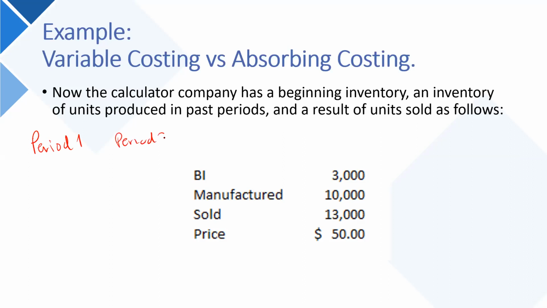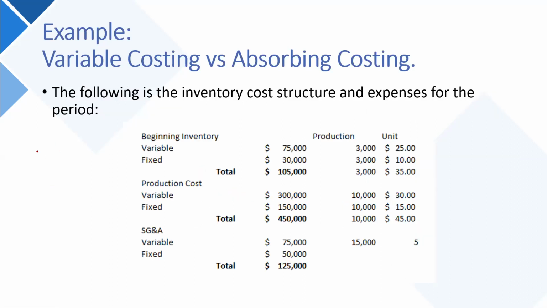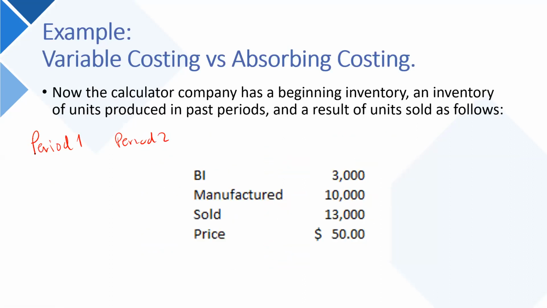In period 1, you saw sales smaller than production. And in period 2, now you have sales which are greater than production.